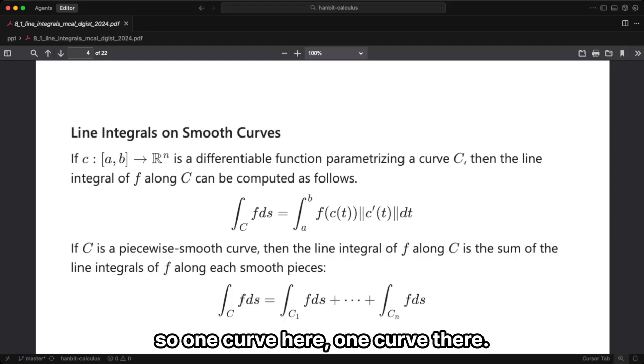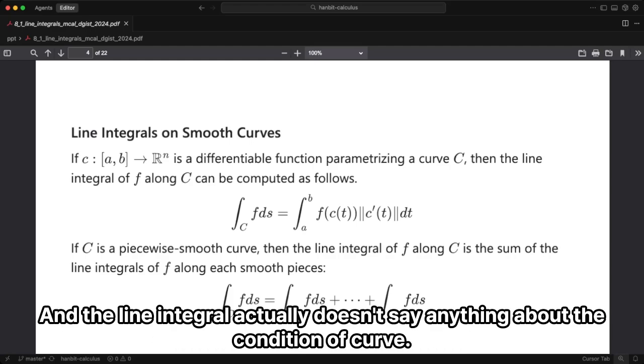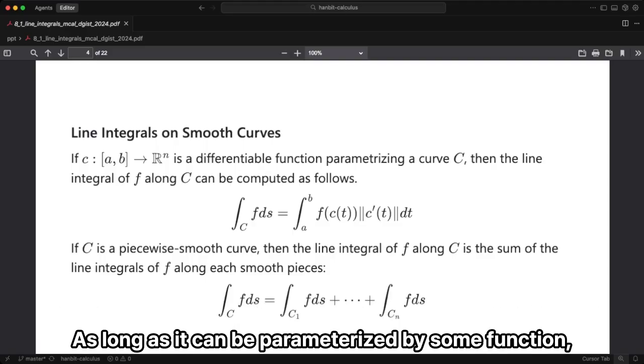So one curve here, one curve there. And the line integral actually doesn't say anything about the condition of the curve. As long as it can be parameterized by some function, that's fine.